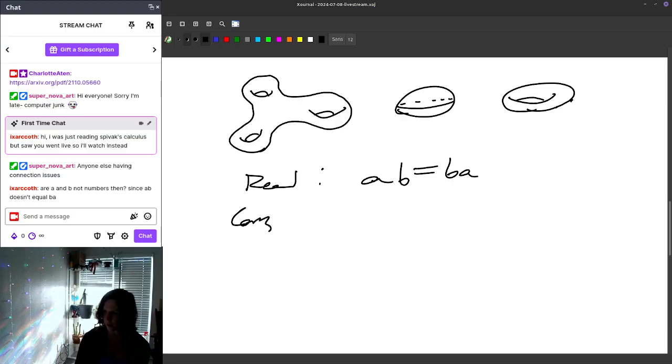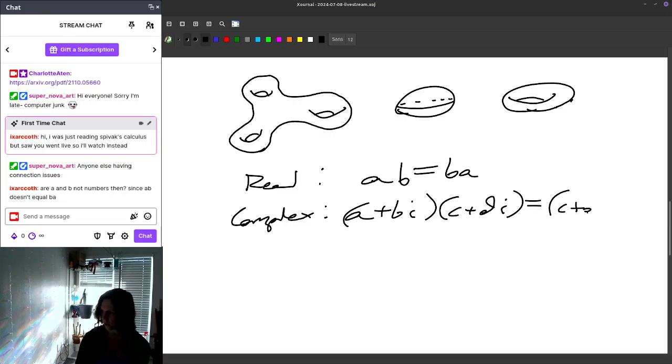For complex numbers, if you have A plus Bi times C plus Di, if you follow through the rules, you'll see that that's actually the same thing as C plus Di times A plus Bi. But in general, if you go to the next one of these Cayley-Dickson algebras, the quaternions, it isn't.